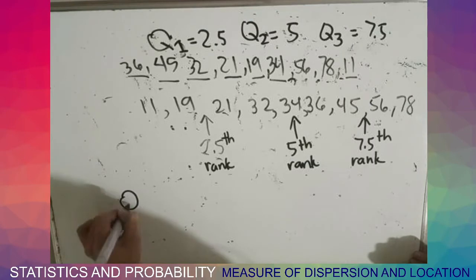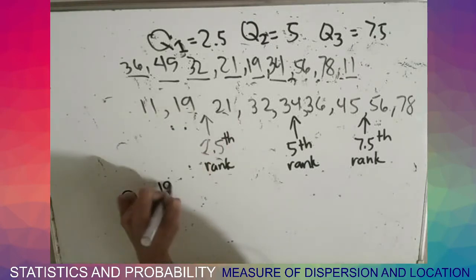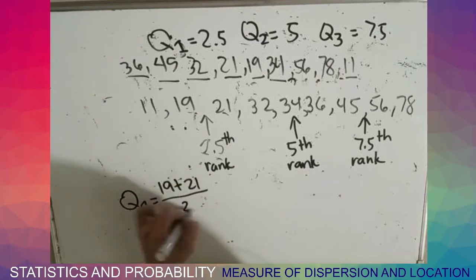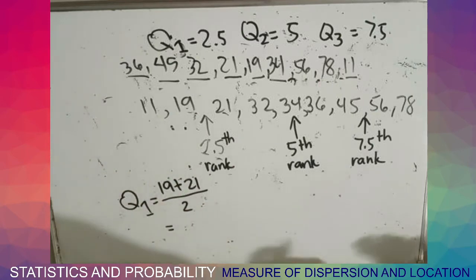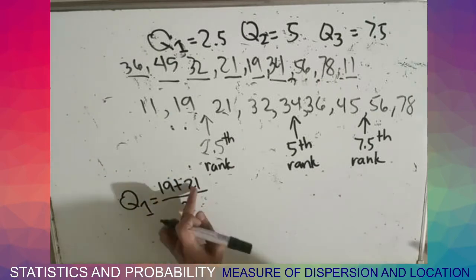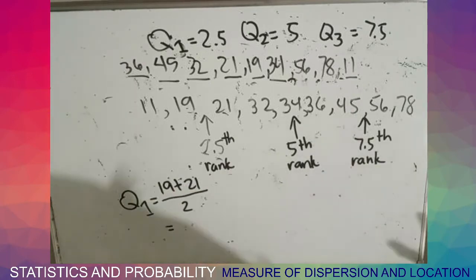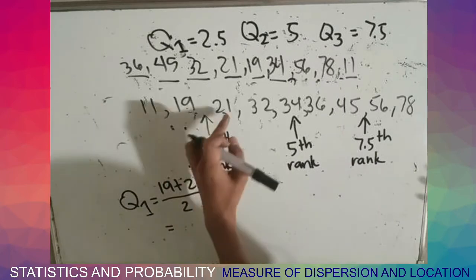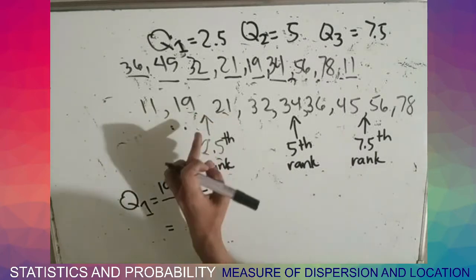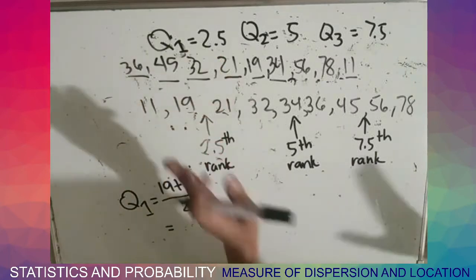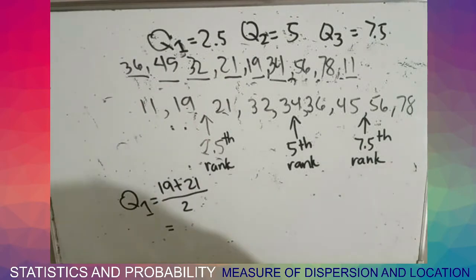Okay, lagyan natin Q. So, Q sub 1 is equals to 19 plus 21 divided by 2. Paano ako nakuha yun? Bakit pinag-plus si 19 at saka 21? Kung babalikan natin ang pagkuha ng median, pinagpa-plus natin yung dalawang number kapag ang value ng median rank ay may decimal.